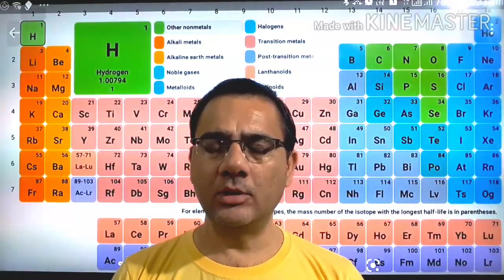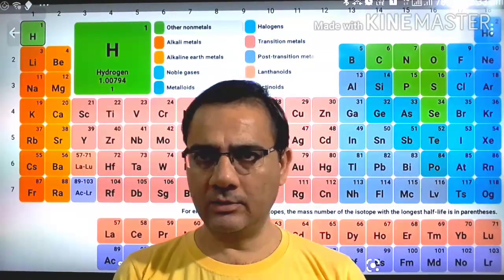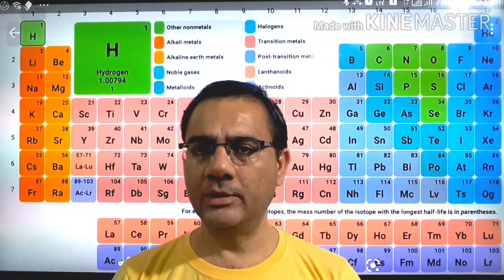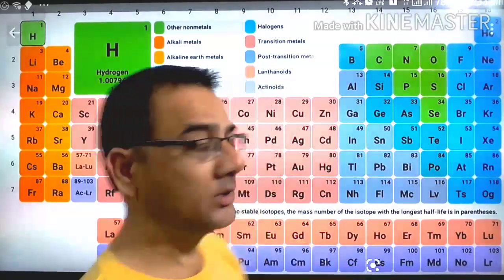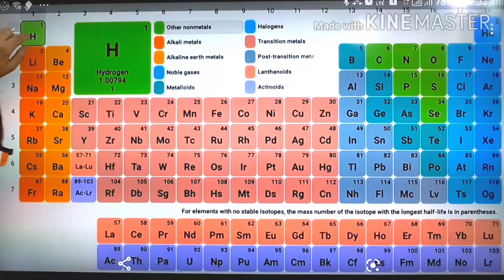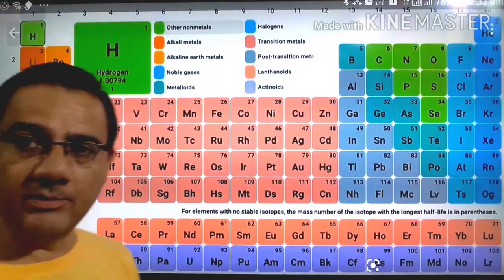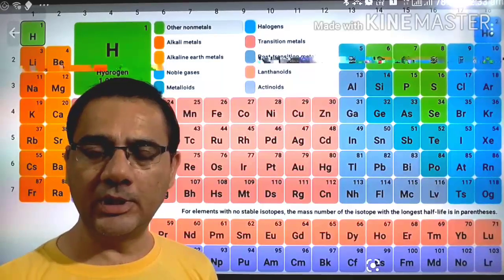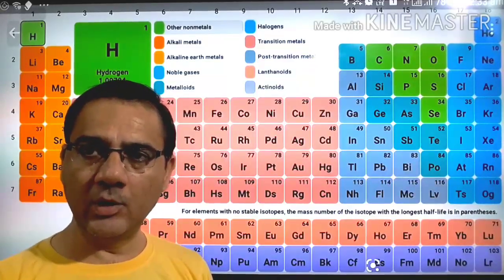Now we'll discuss groups. One more important point I am going to tell you about the groups. You see this, these all elements from here to here, they all have 1 electron in the outermost shell, and this is group number 1. So those elements which have 1 electron in the outermost shell have group number 1.